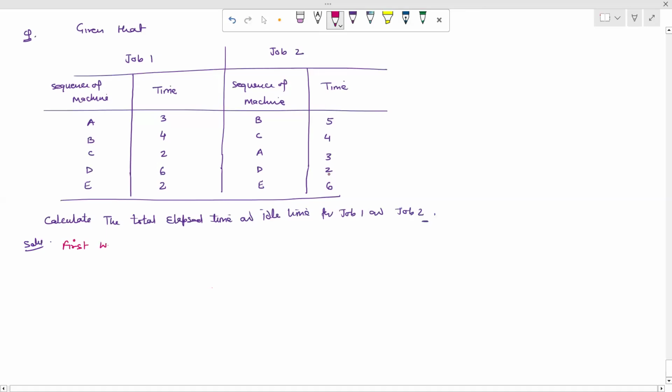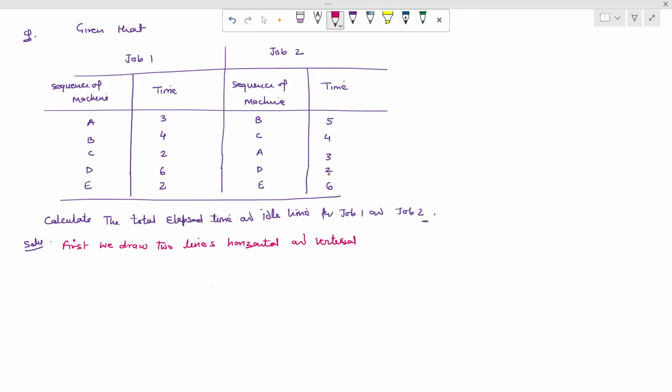First we draw two lines, that means axes, horizontal and vertical, that we call the axes.